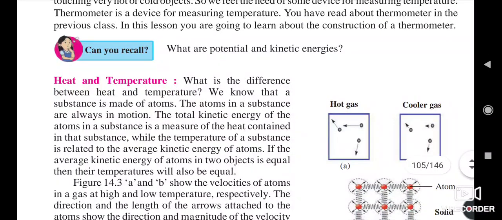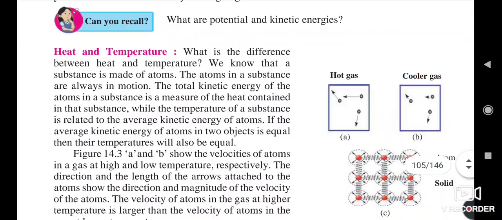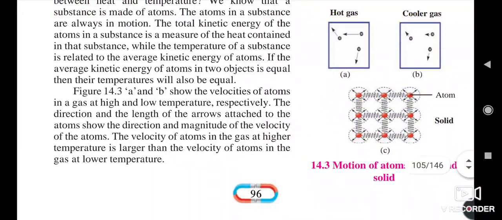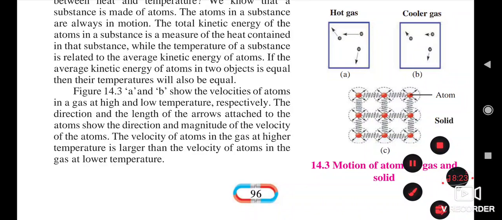The next point of this lesson is heat and temperature. Heat leads to an increase in the temperature of a substance.